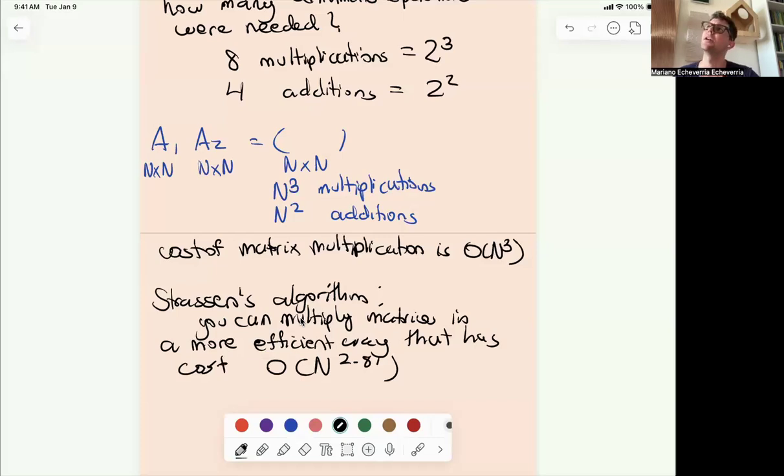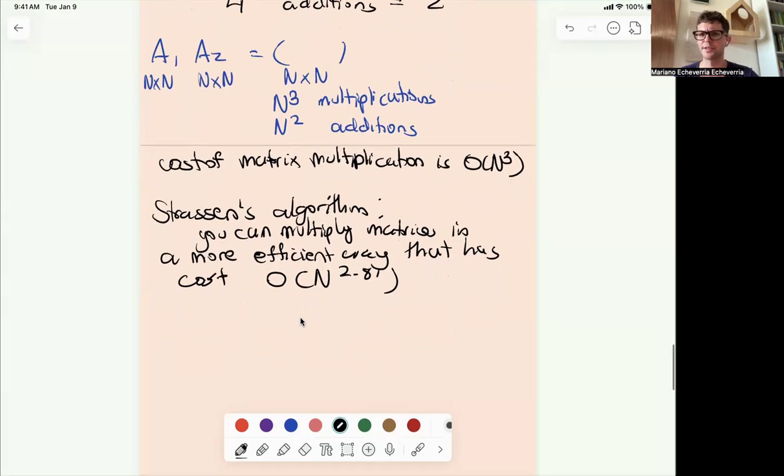That may not seem like a big difference, but when you compare 10,000 cubed versus 10,000 to the 2.81, that is a difference. And the bigger the matrix is, the more the difference would be. So any improvement you can get on the cost can be really, really useful.